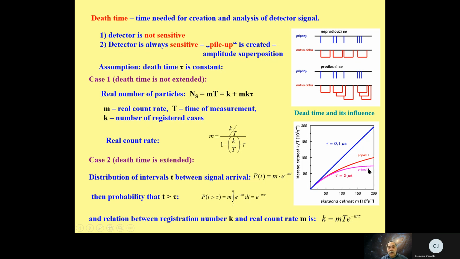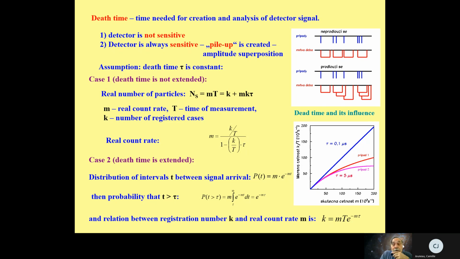For this case too, if this dead time is extended, after some maximum it will start to decrease and it will end in one detection, that means it will be zero counts. This is a very dangerous feature of these detectors for some usage, for some purposes.